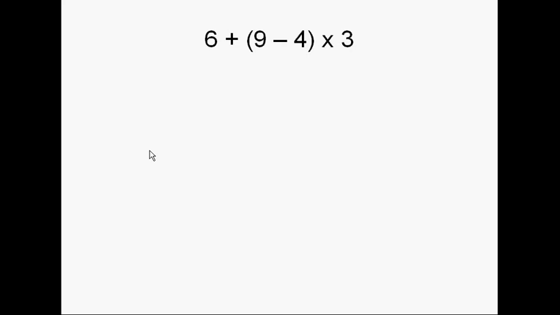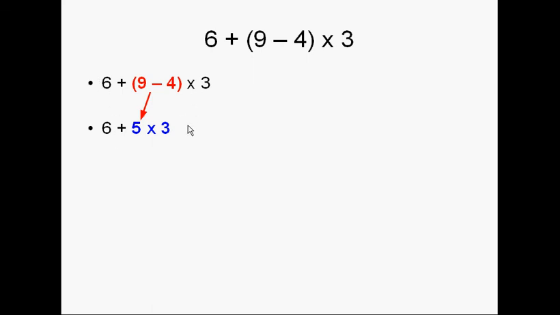Okay? Let's do one more together. 6 plus parentheses 9 minus 4 parentheses times 3. What do you think we're going to do first? Well, please excuse my dear Aunt Sally. P stands for parentheses. Let's do those first. So 9 minus 4 gives us 5. And I bring everything else down.